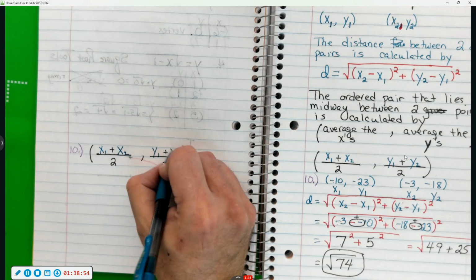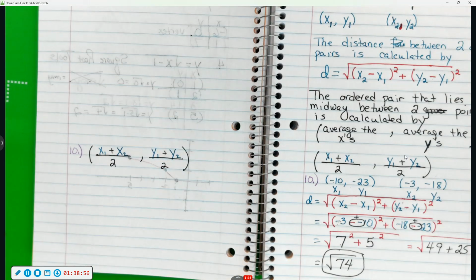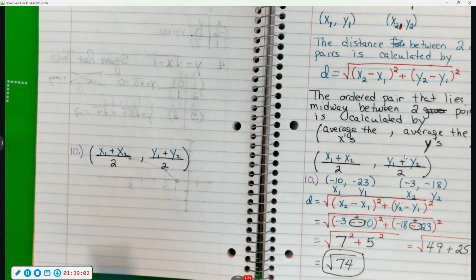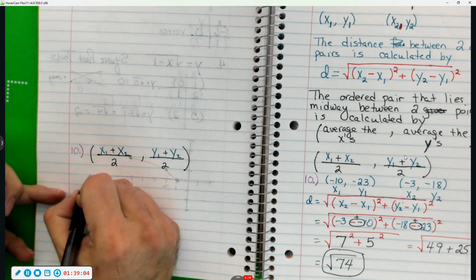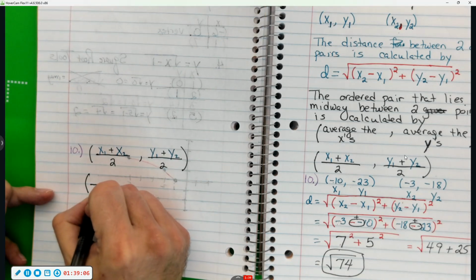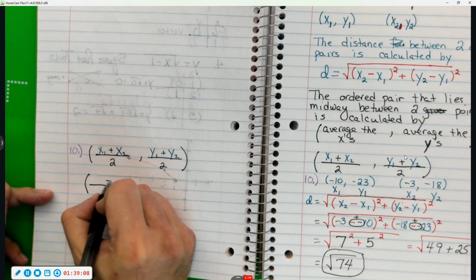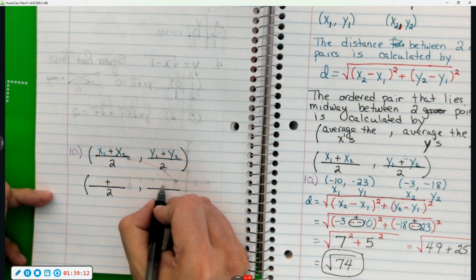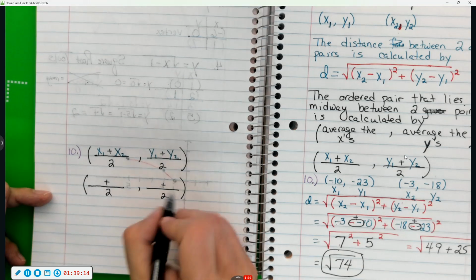That's how you average. Then add the y's and divide by 2. So I'm just plugging into this midpoint formula. This one generally students think is easier because there's no square root or squares. You're just adding it up and dividing by 2.